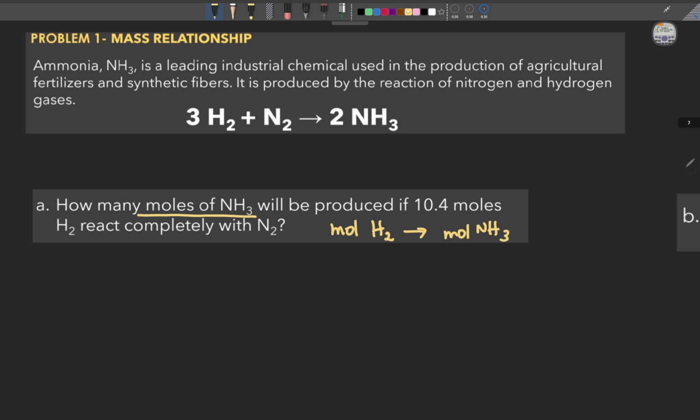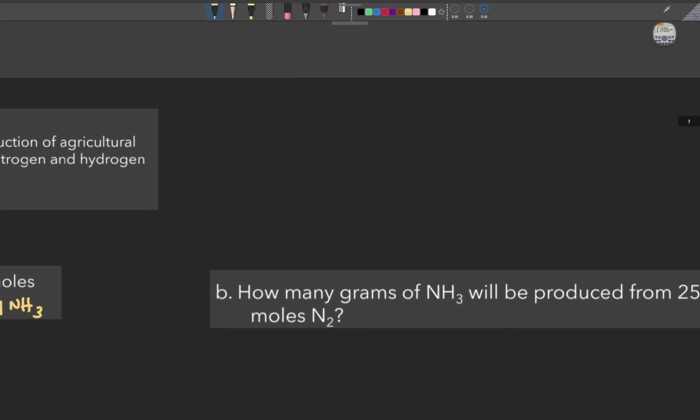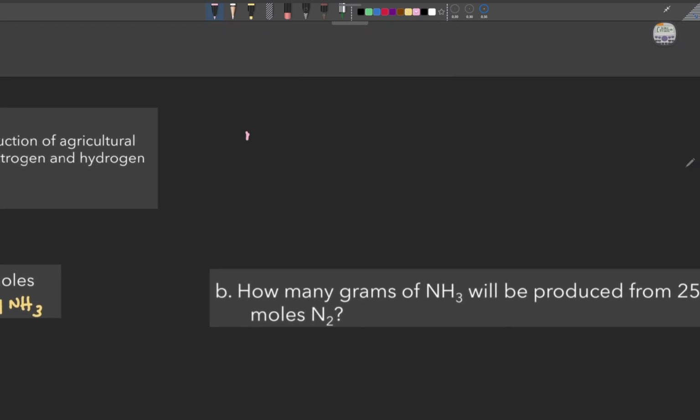Take note that if you are converting grams to mole or mole to grams, you'll be using molar mass.